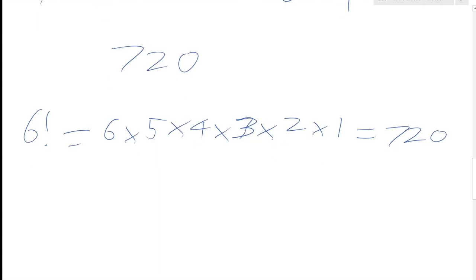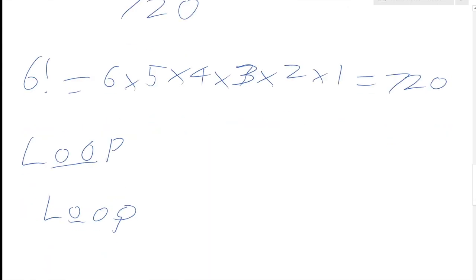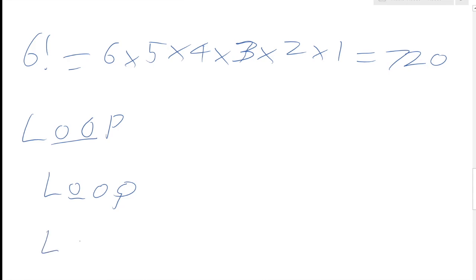So, that's all well and good, but what if we had a word such as LOOP with that double O? Obviously, writing L-O-O-P, if I underlined that O, is exactly the same as writing L-O-O-P with the O's swapped. So how do we deal with that?